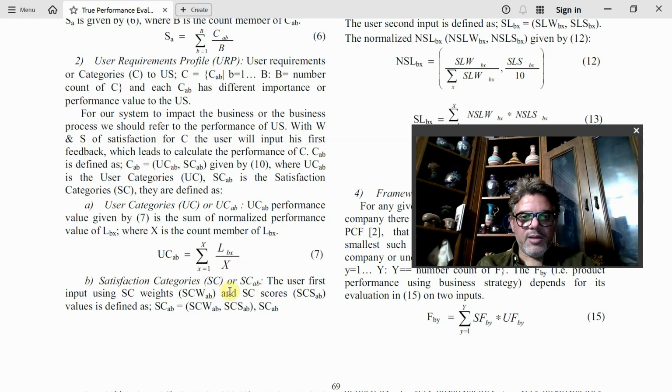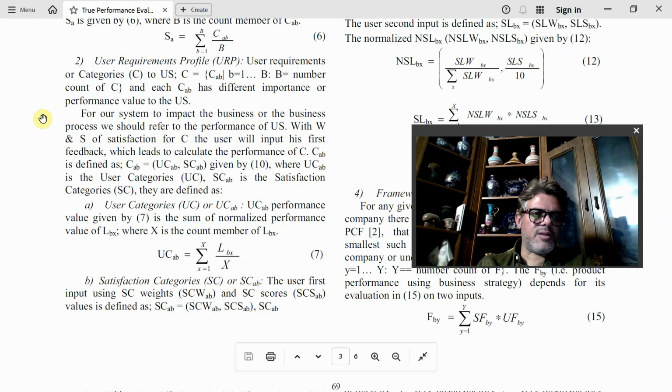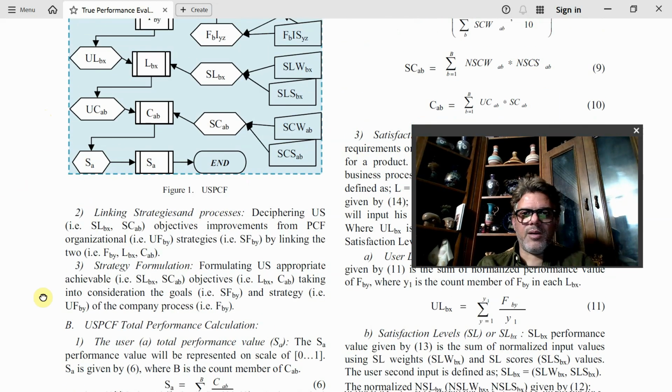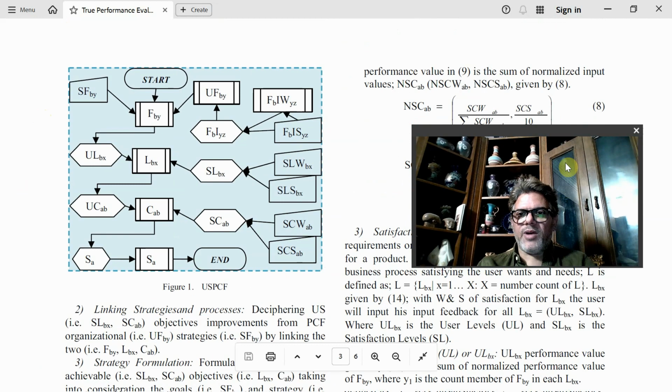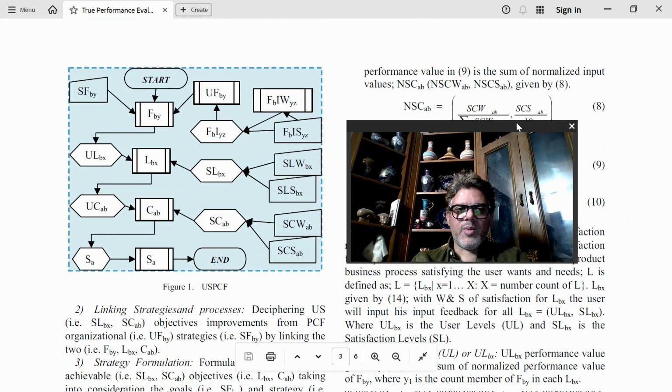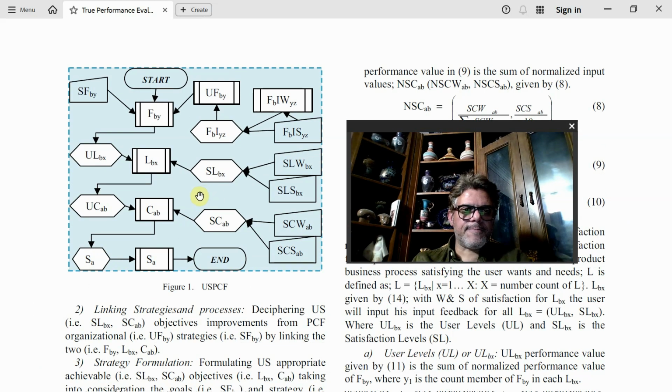Satisfaction categories. The user first inputs using satisfaction categories weight and satisfaction categories scores. SAB is represented by performance value, because you see, the user categories are coming from the level, and the user level are coming from the framework.